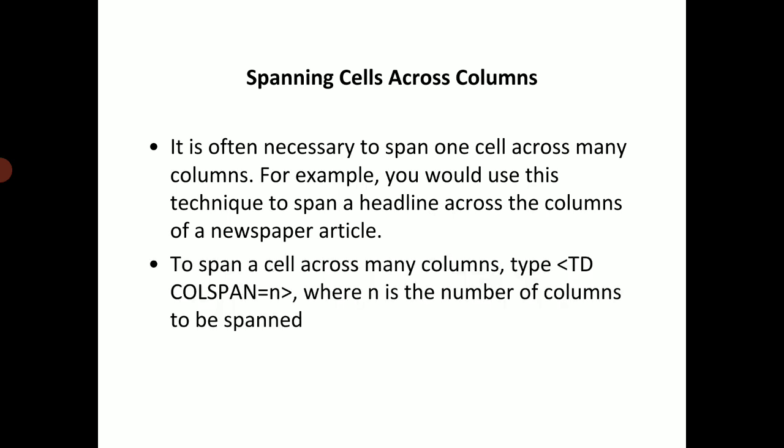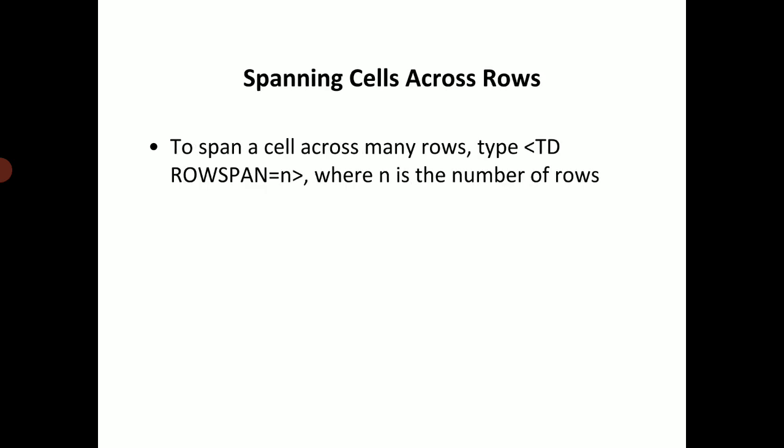To span a cell across many columns, we type a td tag with the attribute called colspan, that is colspan equal to n, where n is the number of columns to be spanned. That is how many columns you want to span, say for example 2 or 3 depending upon the table.